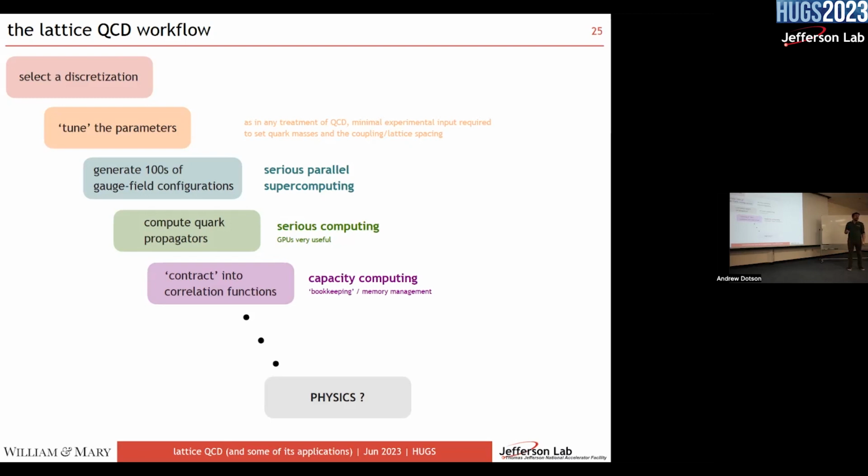You've got to compute these M inverses in order to compute anything interesting. This is still a serious computing problem, but generally doesn't need the very, very fastest computers in the world. And in fact, what proved to be very, very useful for computing these were graphics processing units.